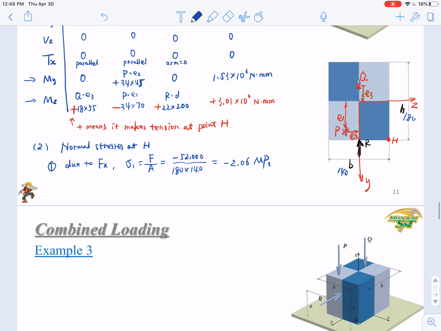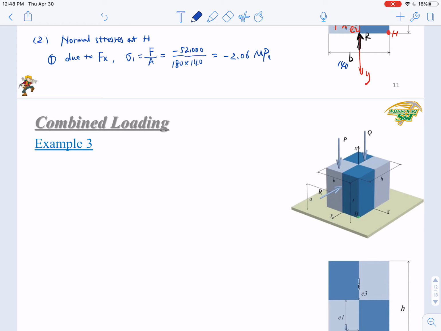Then let's look at the second component due to My. So here we need to use sigma equals Mc over Iy, right? So sigma 2 equals My times c over Iy.